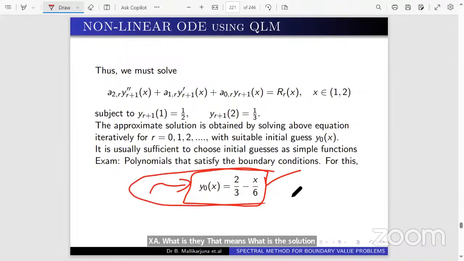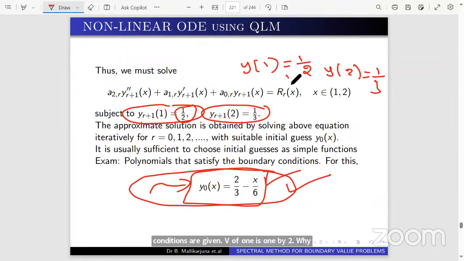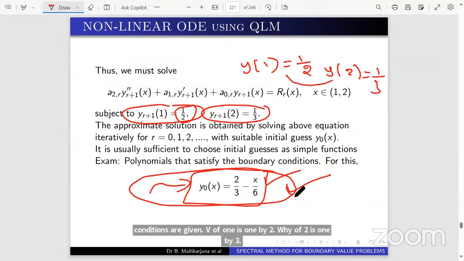You take any expression such that it satisfies these given conditions. What conditions are given? y of 1 is 1 by 2, y of 2 is 1 by 3. Satisfying these two conditions, you choose any function.